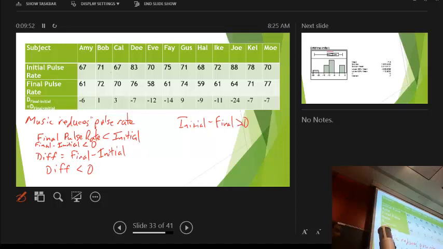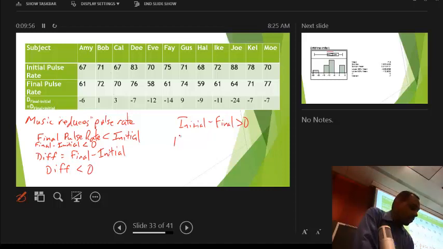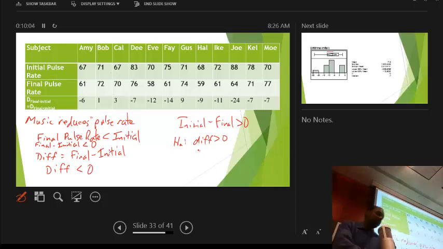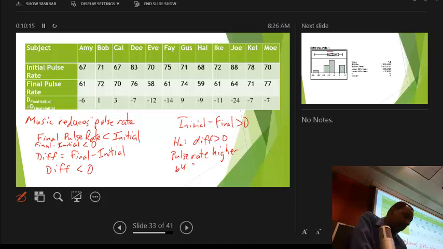Stay with me, right? But then my claim in this case would be that the difference is bigger than 0, more specifically that your pulse rate was higher before the intervention.